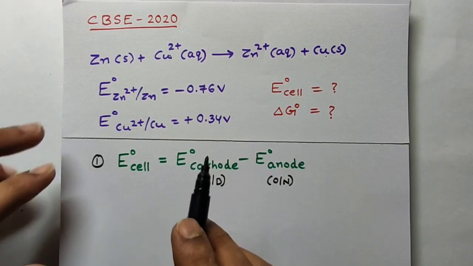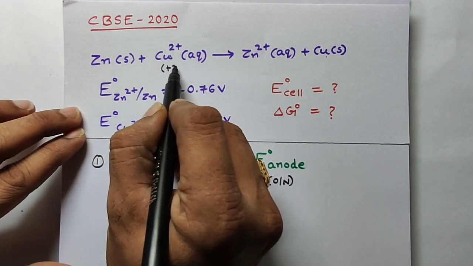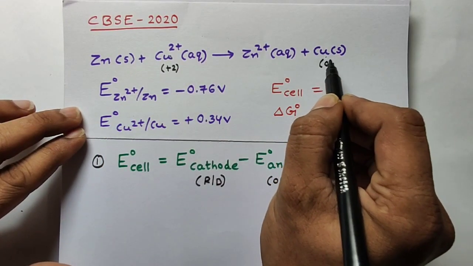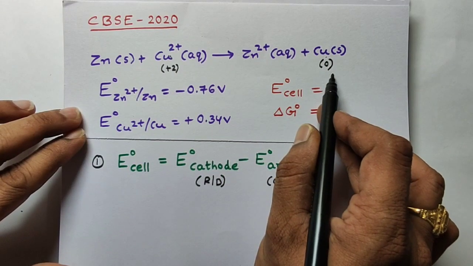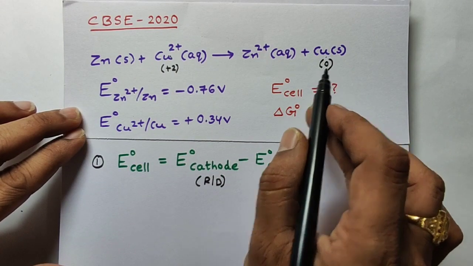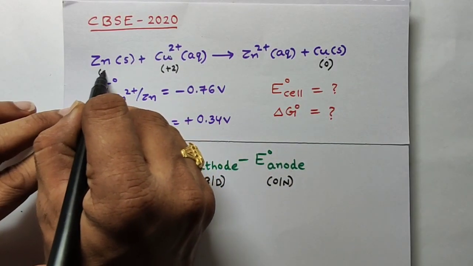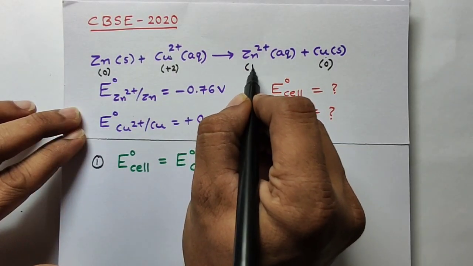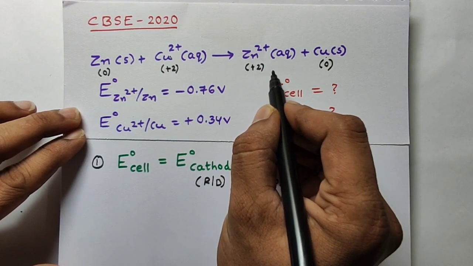So in this reaction, if you observe, copper is in plus 2 oxidation state, here element 0. Oxidation number decreases, that you can take as reduction, right? And next, here Zn converts into Zn2 plus, here oxidation number 0, here oxidation number plus 2. Increase in oxidation number is called oxidation.